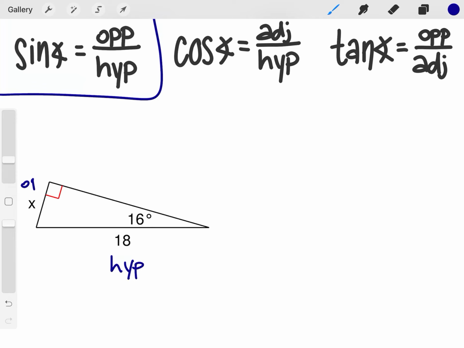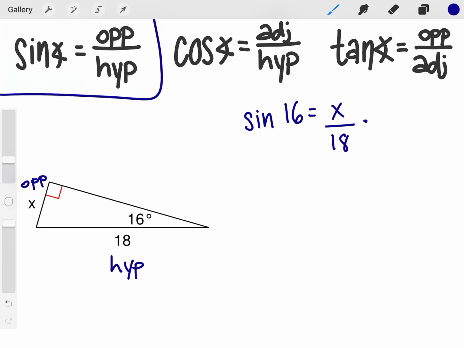If 18 is our hypotenuse, it is still helpful to label things. So if you don't have a piece of paper out with you, I do recommend rewriting a lot of these problems. It makes it a lot easier to work with. All right, and now we have our equation, sine of 16 degrees equals our opposite side of x divided by 18. What operation are we going to have to do to isolate x?